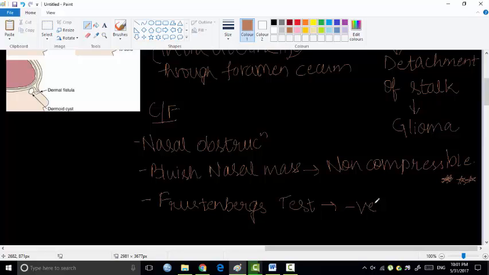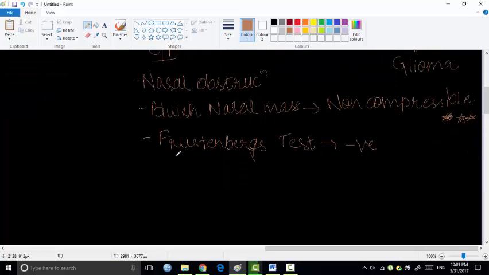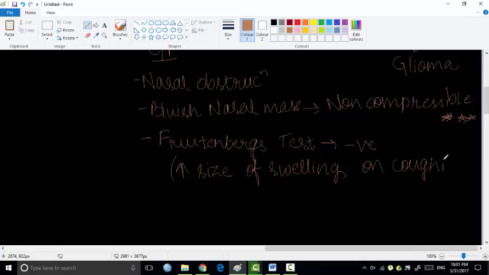That occurs in meningoencephalocele. That test is called the Furstenberg test, which is increase in size of the swelling on coughing. It is negative in glioma and positive in meningoencephalocele.